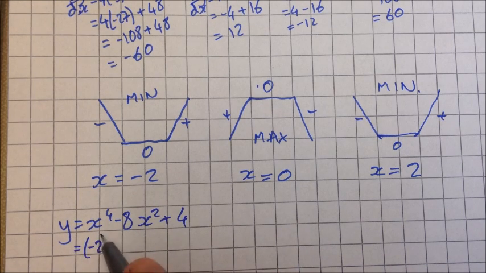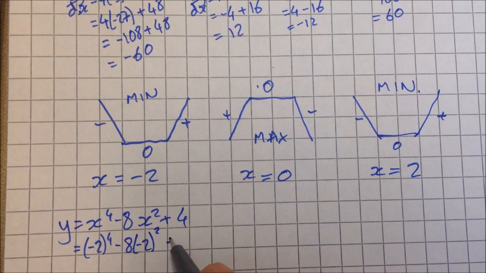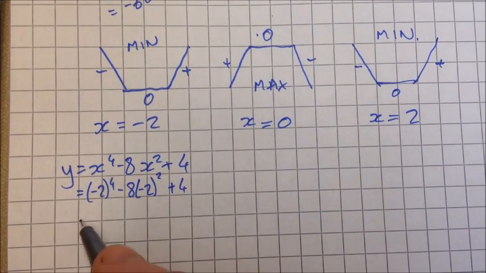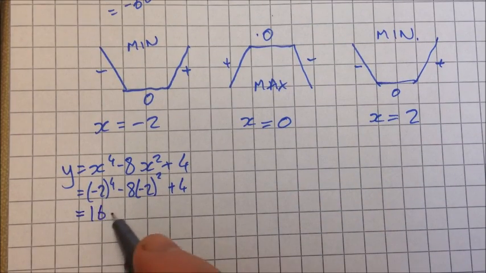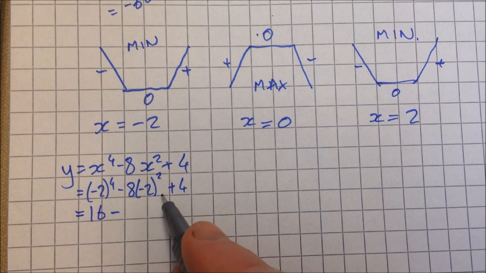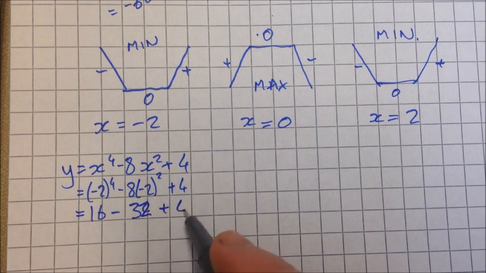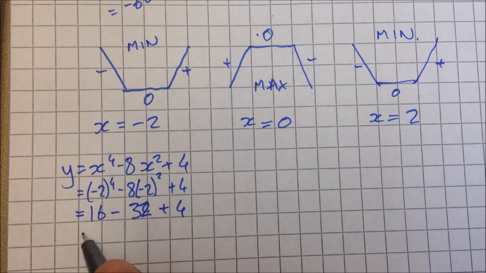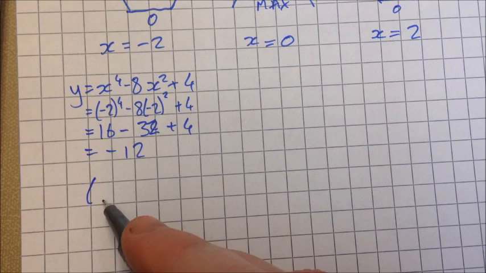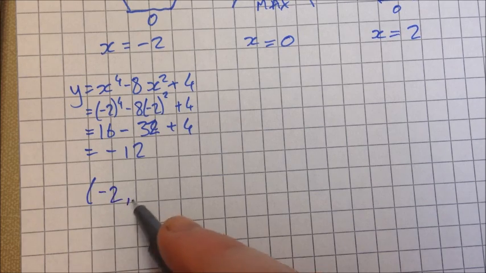So that's negative 2 to the power 4, take away 8 lots of negative 2 squared plus 4. This is going to be 16, take away 8 lots of 4, take away 32 plus 4. That's negative 16 plus 4, that's negative 12. First coordinate then, negative 2, negative 12.